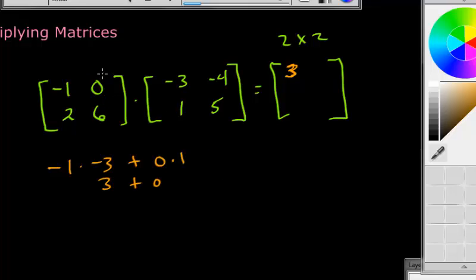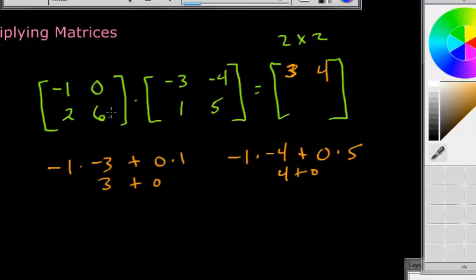Next, this row times this column to get this entry. All right, so that's going to be -1 times -4 plus 0 times 5. Make sure I did that right. Yep. And so that would be 4 plus 0, which is 4.